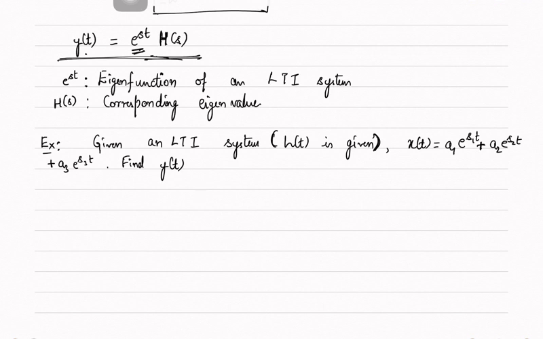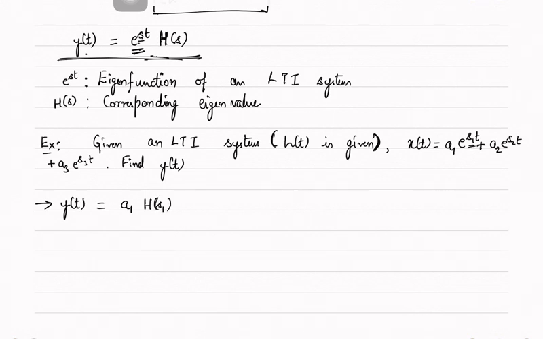Since I know the impulse response, I can directly write what y of t is. My output y of t is nothing but, the constant term will remain as it is. You just substitute and you will find that a1 will remain as it is, and it gets multiplied by the number which depends on s1.